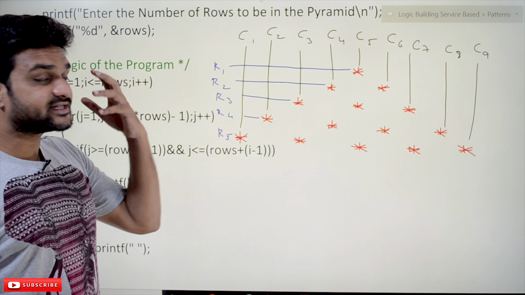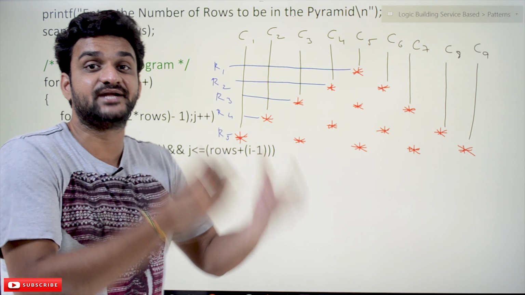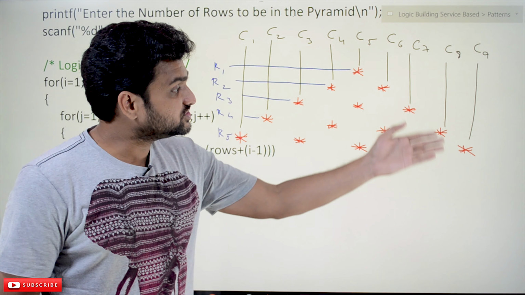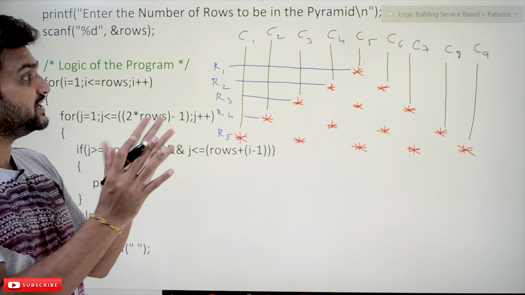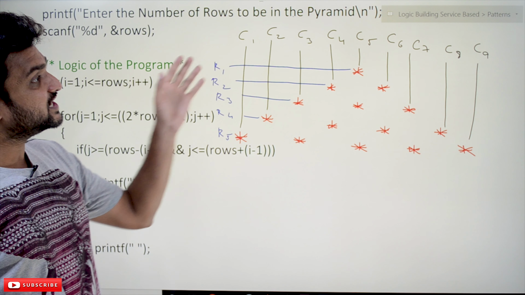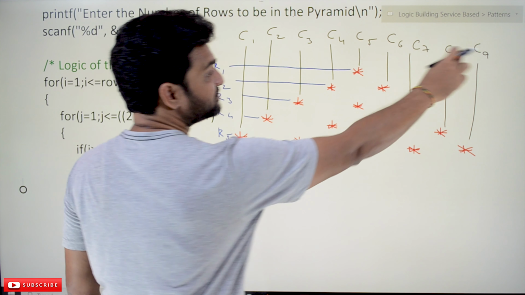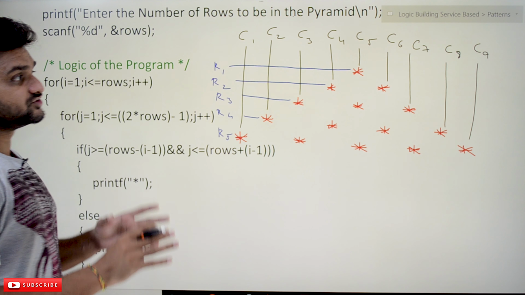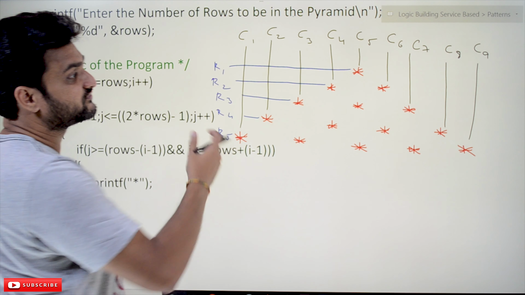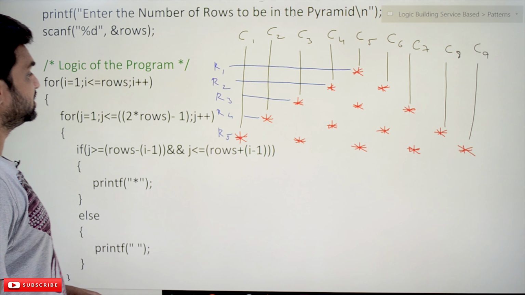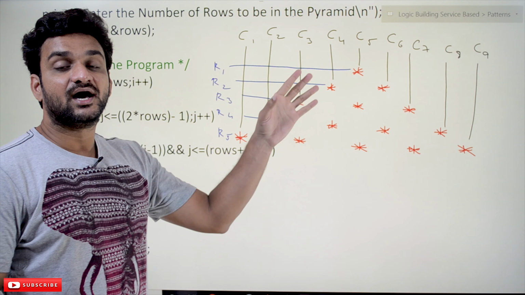In order to get the mathematical formulation hidden behind the construction of this pyramid, we have analyzed it this way. The number of rows is equal to 5 and the number of columns is going to be 9. To make the analysis simple, we have constructed it this way, and this is how we bring some mathematical formulations from this diagram.